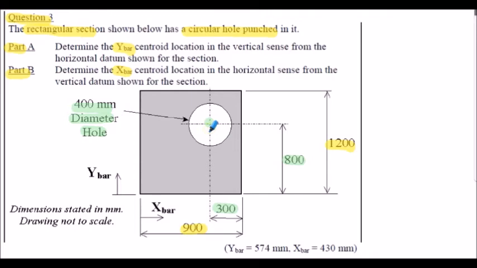So you must make sure in your table that you have this negative value against the area you calculate, and then that will have a negative value against the first area moment. So when you add up the various elements, you will actually be subtracting the hole from the overall area and area moments. If you think you could attempt that question on your own, then the answers are shown below for the Y bar and the X bar, but I will outline the full solution on the following slide.